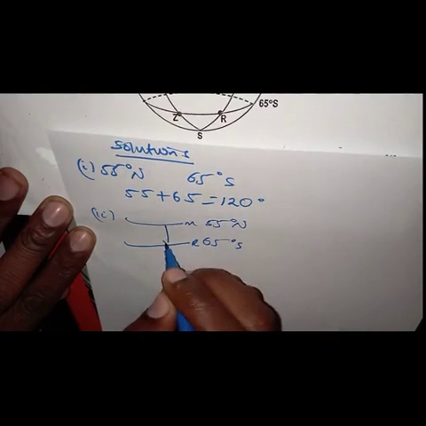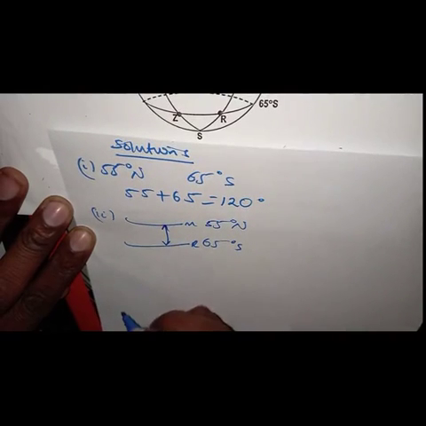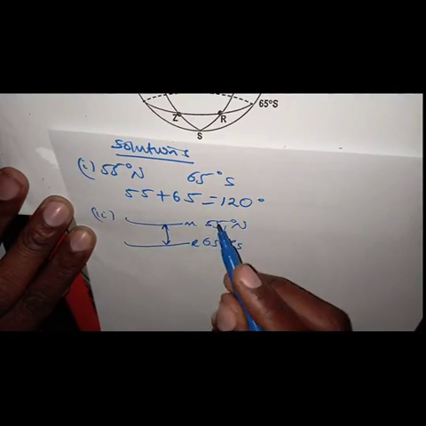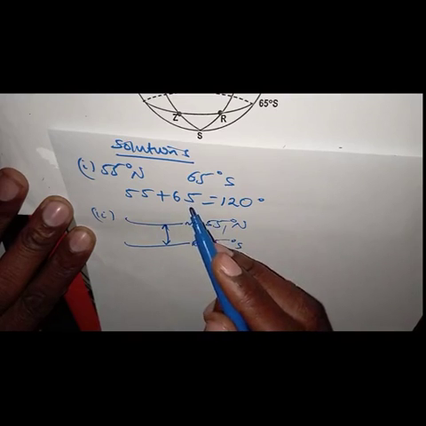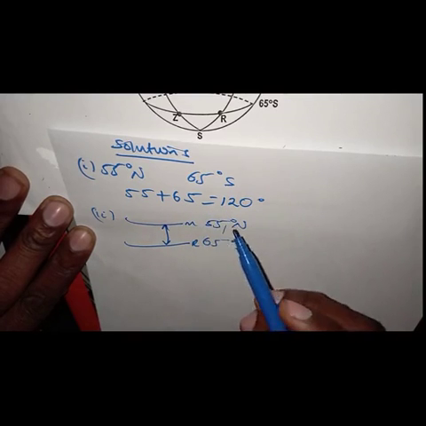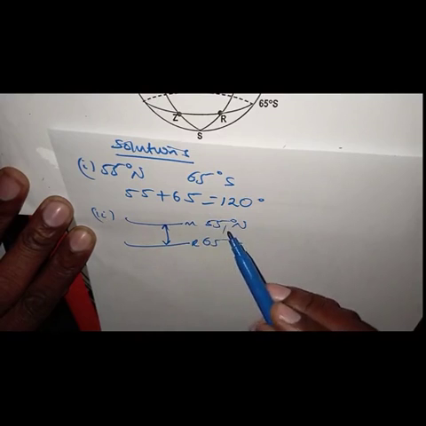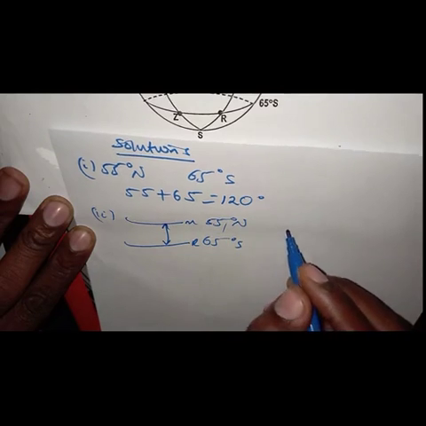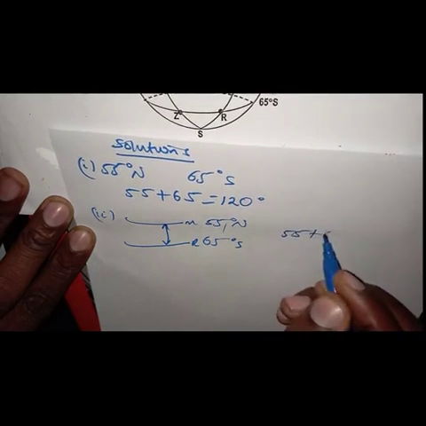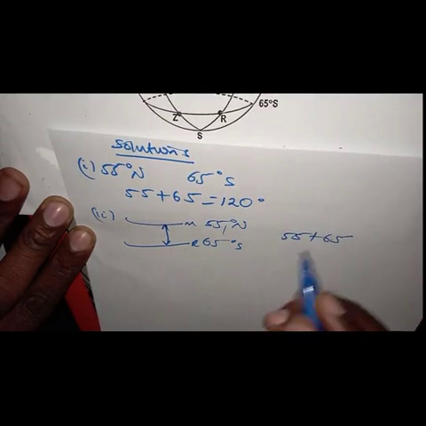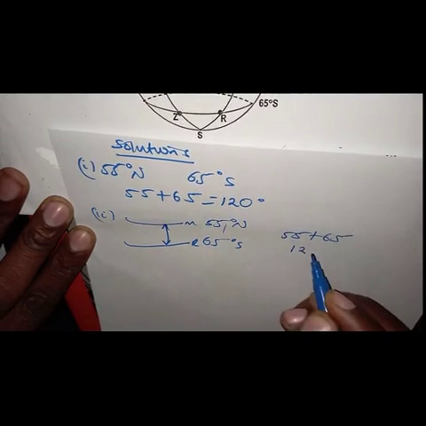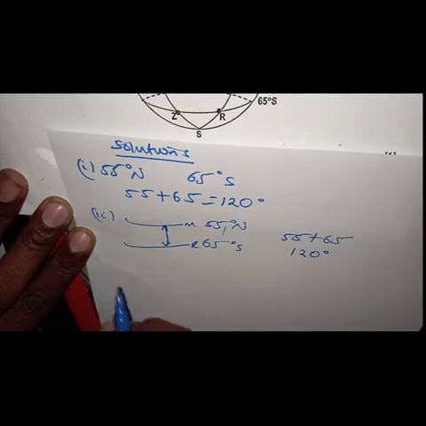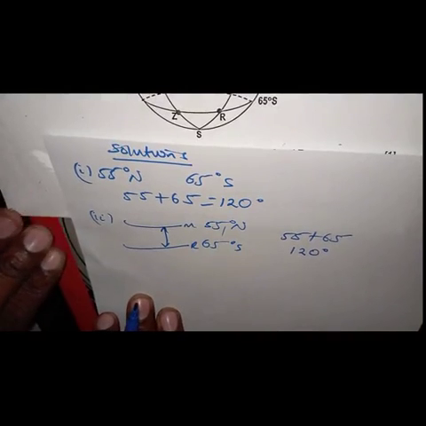So they want us to find the distance in between. So we need to find the difference in degrees for these two, like what we did in the first question. M is on the northern part, R is on the southern part. So you simply do 55 plus 65 because they're on different locations. So there you go. You get 120 degrees like we found in the first question.